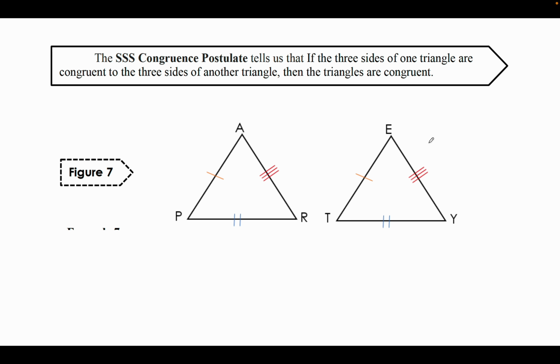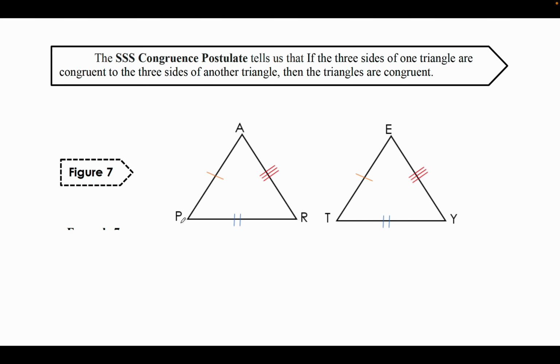Okay, so this time, we have three sides naman. So if three sides of one triangle are congruent to the three sides of another triangle, then the triangles are congruent. So madali lang naman siyang intindihin, di ba? Kung ang tatlong side ng isang triangle ay congruent doon sa three sides din ng isa pang triangle, therefore the two triangles are congruent by the SSS congruence postulate.